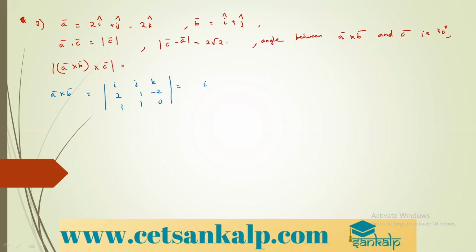That means i is multiplied with 0 plus 2. Minus j is multiplied with 0 plus 2. And k is multiplied with 2 minus 1, that is 1. Actually, I have to go on writing this cap. Sometimes I may not write, so don't get confused.